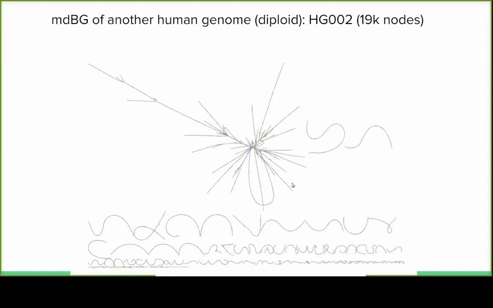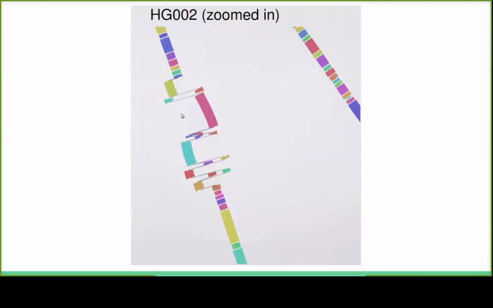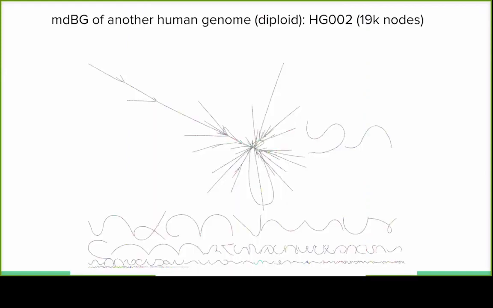And you can see here that every time there's a color change, it means that it's a different node. Actually, do I have some inversion? Yeah, I have some inversion. There's a lot of bubbles here. Each node corresponds to, I think, 100,000 base pairs. And those are large variations in units, due to the fact that it's a diploid individual.